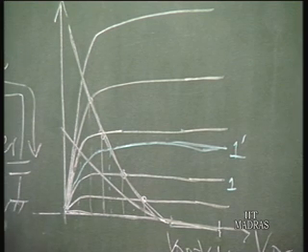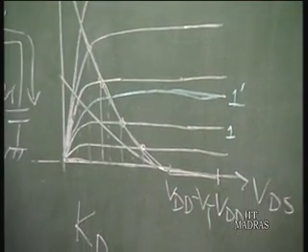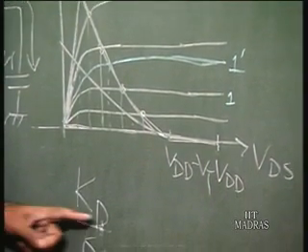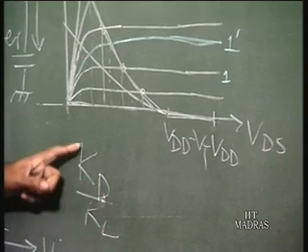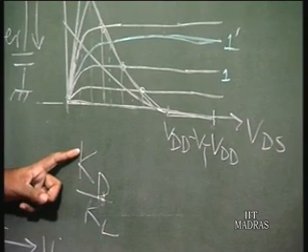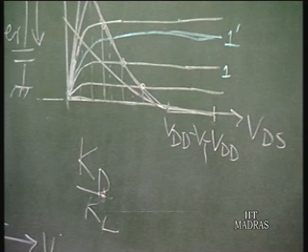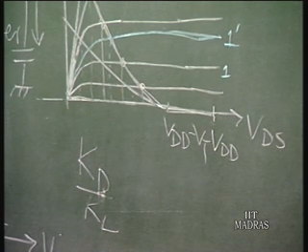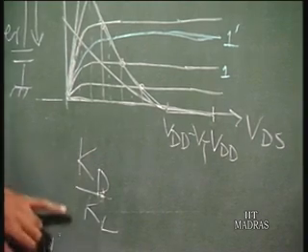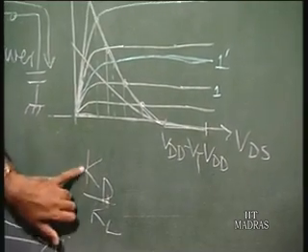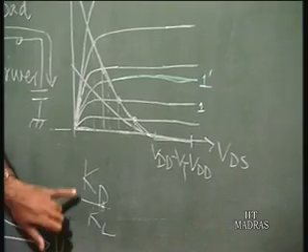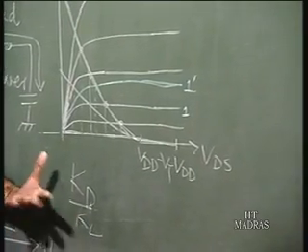So, the gain actually depends on what is called the Kd by KL ratio, where Kd is the transconductance of the driver transistor, and KL is the transconductance of the load transistor. If you increase the Kd by KL ratio, then the gain is going to go up.